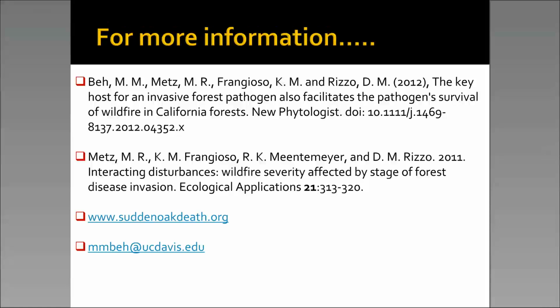So in some of those histograms there are no bars because we didn't sample at all in those plots, either because there were no symptoms to sample, or in the case of 2010, because we had declared the plot positive in 2009 and didn't resample some of those plots. Okay.